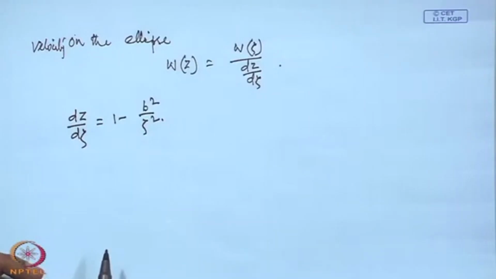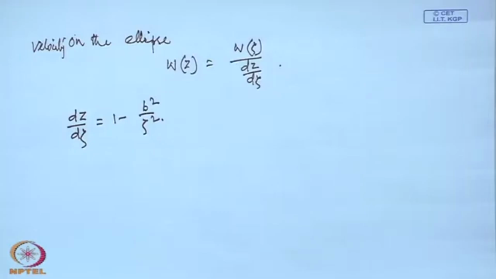How much is zeta at theta equal to pi by 2? Coordinate of that point. Yes, you are telling it correctly.